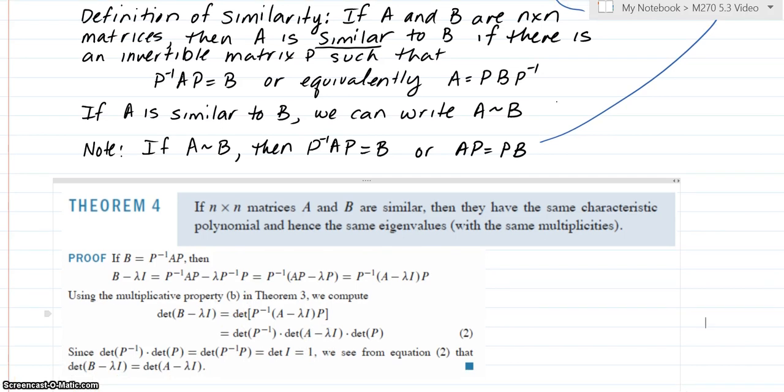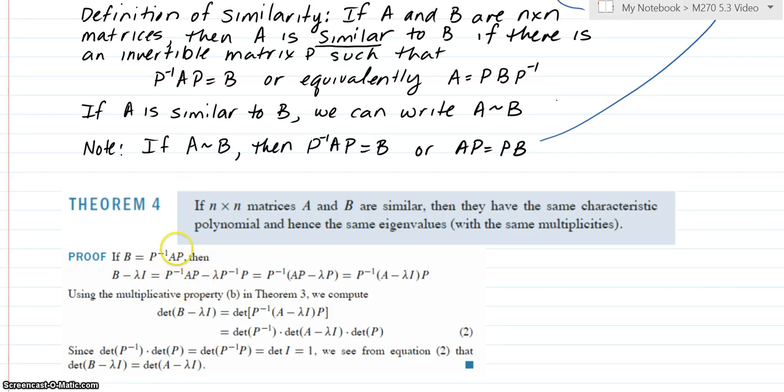All they do here is let A and B be similar, so they wrote B is similar to A by our definition. Then they look at B minus lambda I, that part of the characteristic equation. We substitute the B in for the equation above, and instead of the I, I'm going to write P inverse times P. Then I'm just going to factor a P inverse on the left and a P on the right.